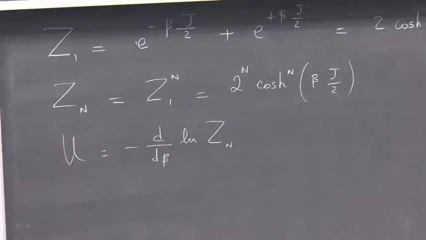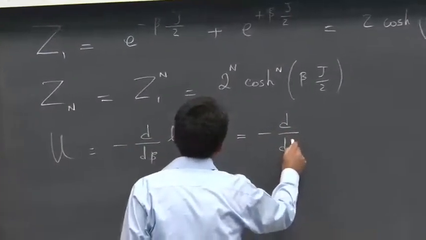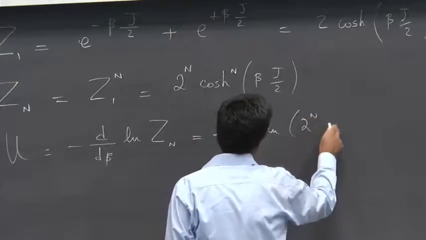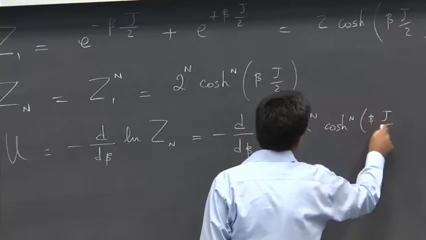We find out the internal energy. This is minus d by d beta of natural log of 2 raised to power n cosine of n bj by 2.